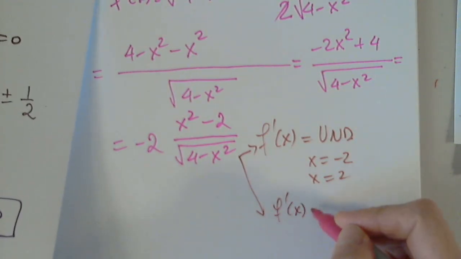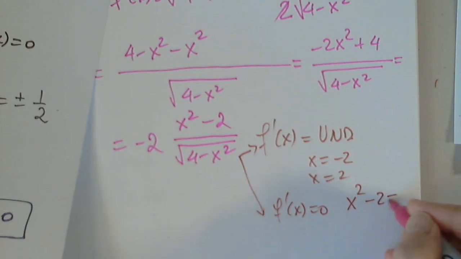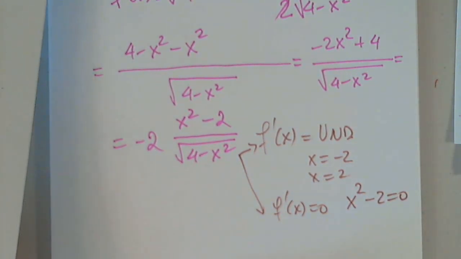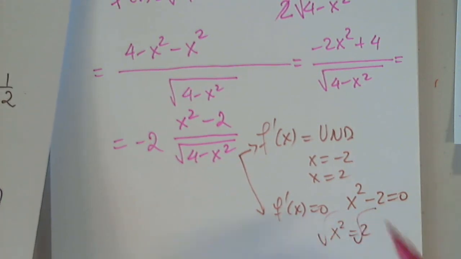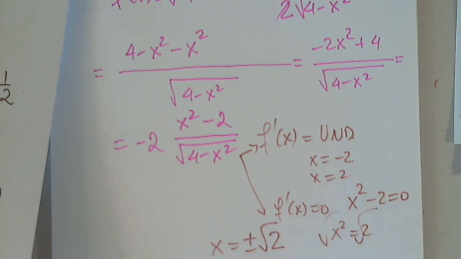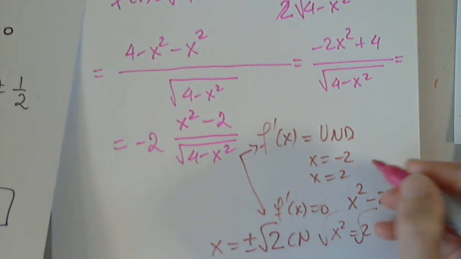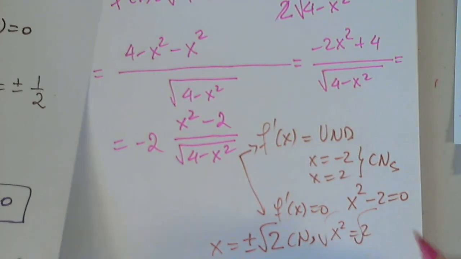So f prime of x is 0 means the top is 0. A fraction is 0 only when the top is 0, which means x squared equals 2, and I take the square root. So x equals plus or minus the square root of 2. These are critical numbers. And these are critical numbers. 4 critical numbers.